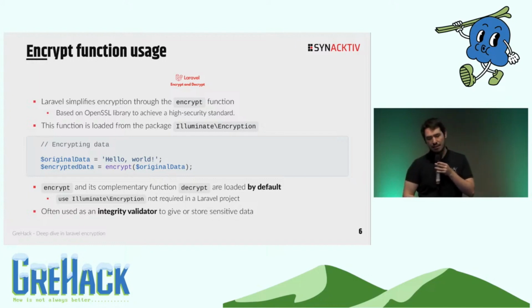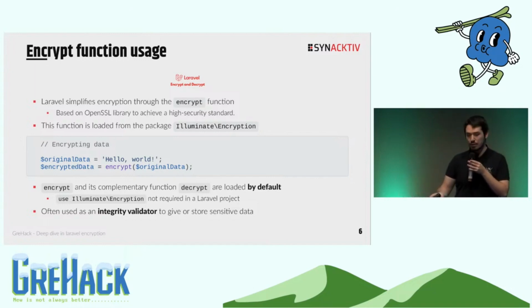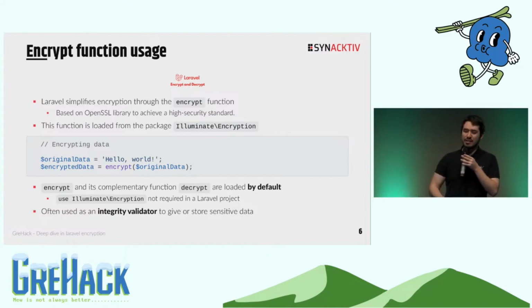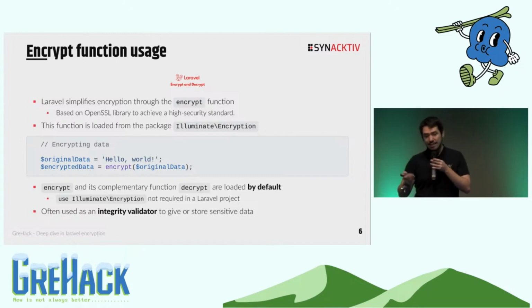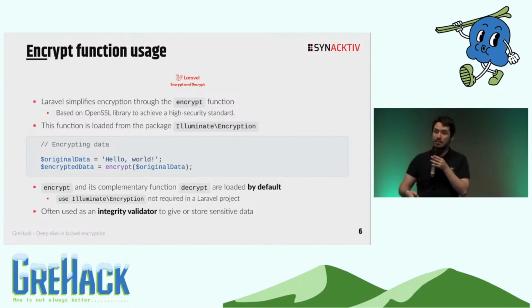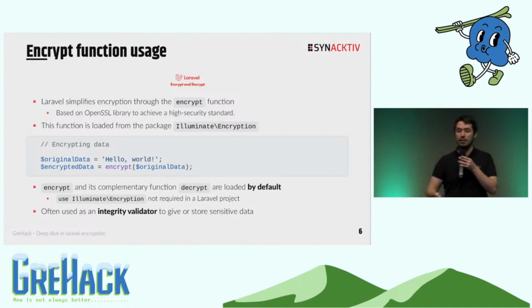So as you can see, there is a way to use it. We have the string hello world, and we use the function encrypt in order to encrypt the data. Encrypt works in complement with the decrypt function, and it's loaded by default. So if you are using a Laravel project, you just need to type encrypt or decrypt, and you don't need to put a use statement in order to load it.